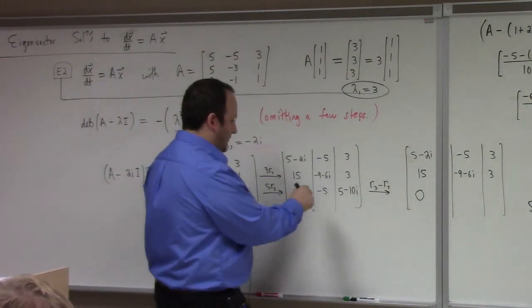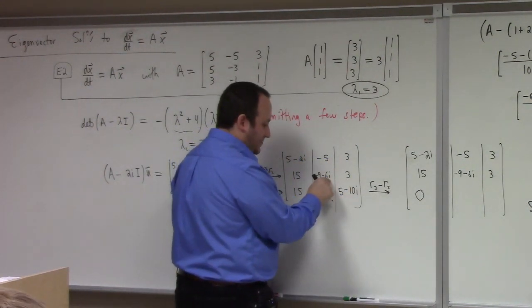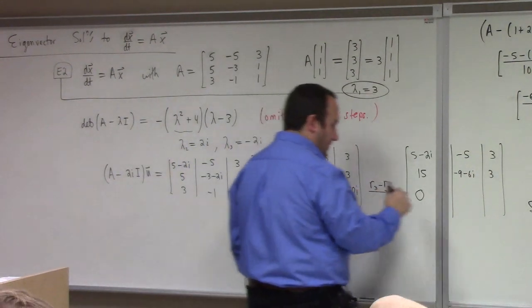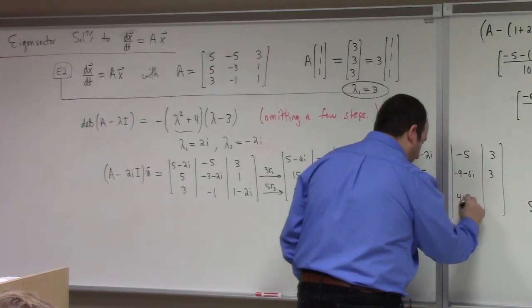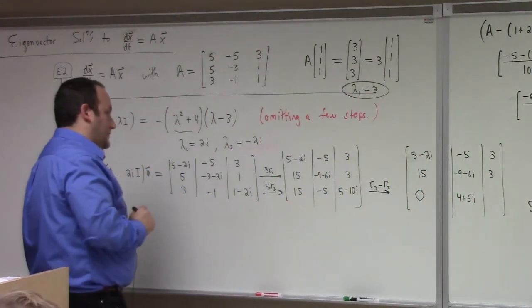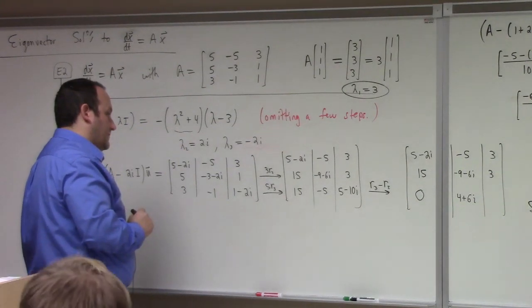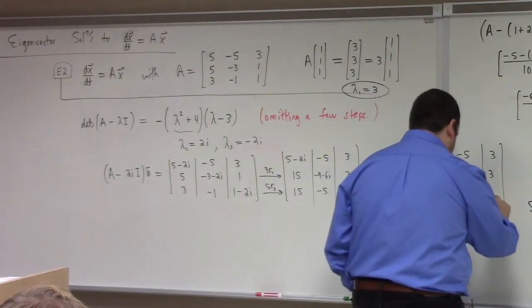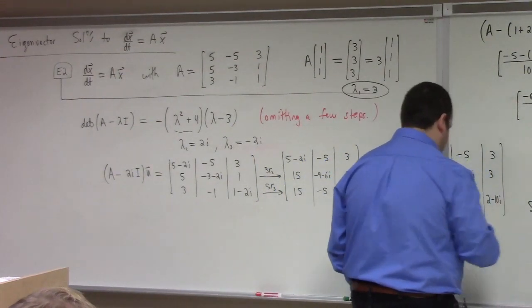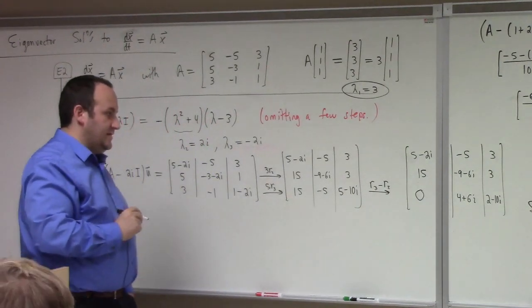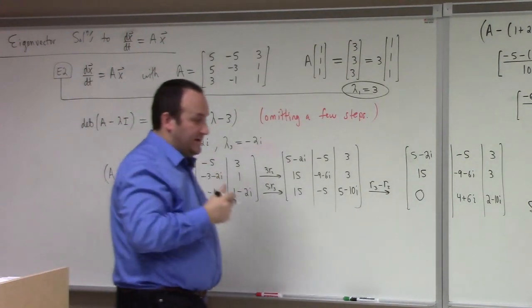Then 9 plus 6i minus 5, which is what? 4 plus 6i, right? And 2 minus 10i. That ought to do it at this point, because this third equation is really all I need.